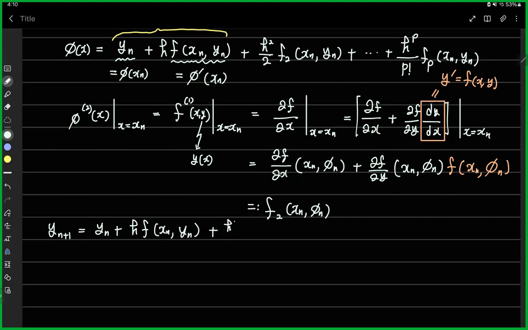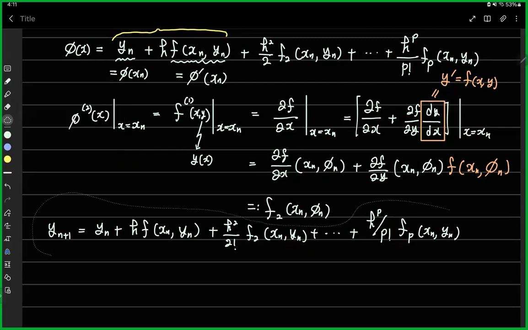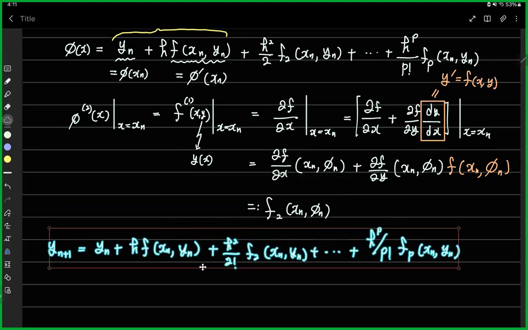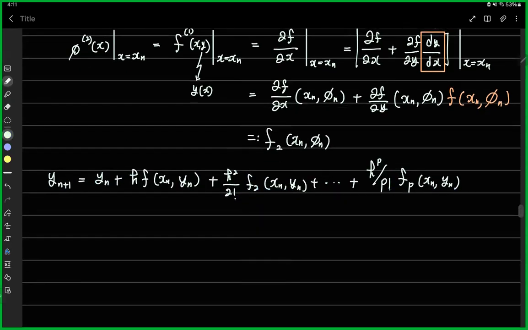Then h squared over 2 factorial, f sub 2 of x_n comma y_n, plus blah blah blah, and then h to the p power over p factorial, f sub p of x_n comma y_n. That is called the Taylor method of order p.